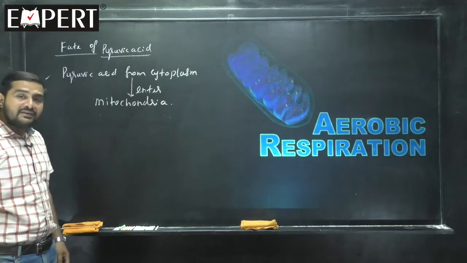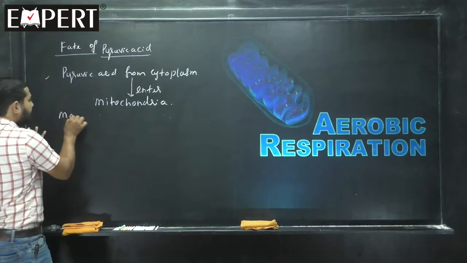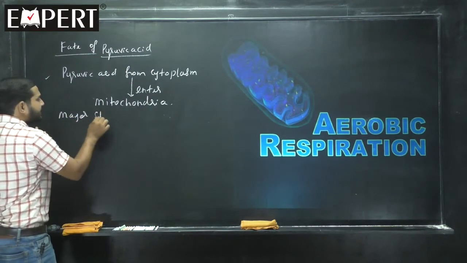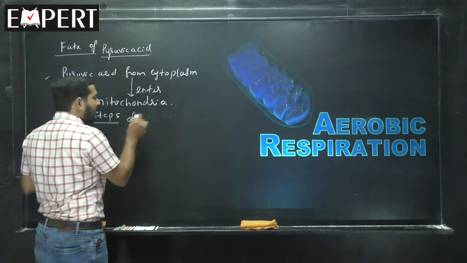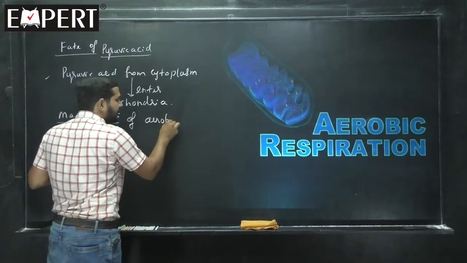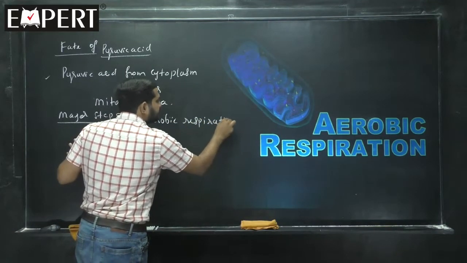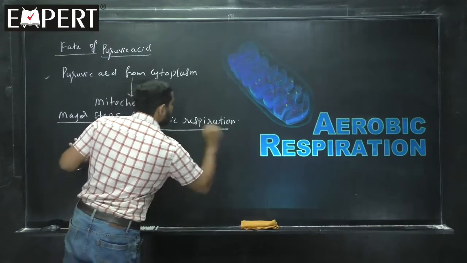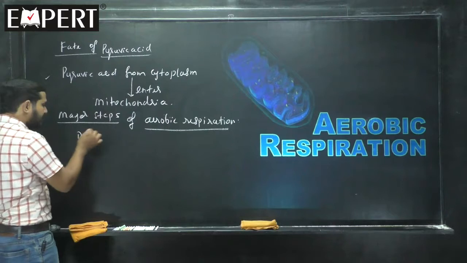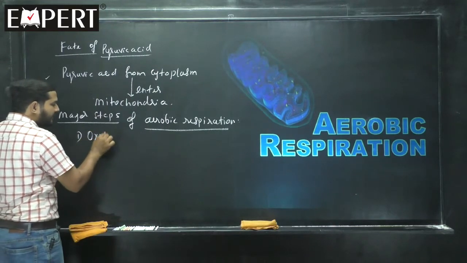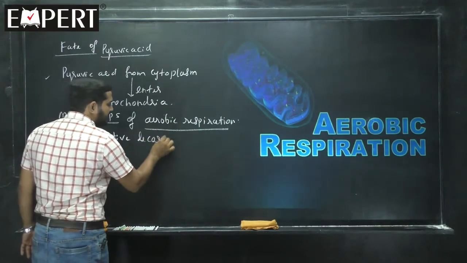And what are the events? What are the major events? I will tell you now. The major steps of aerobic respiration are: one is the oxidative decarboxylation.